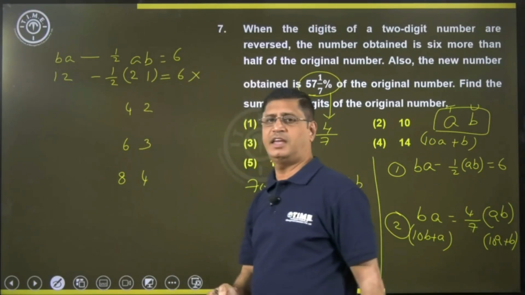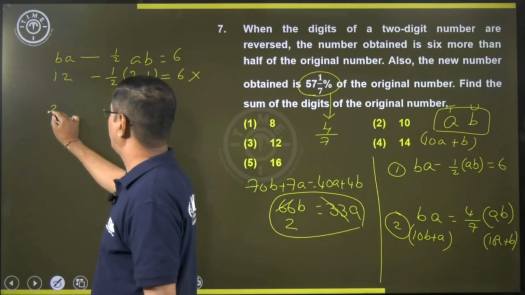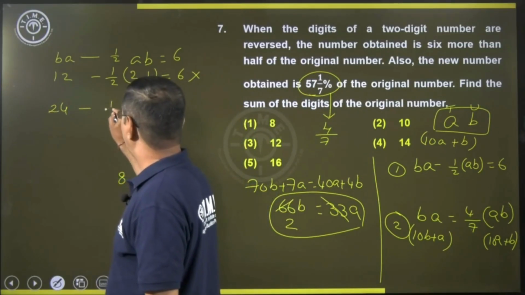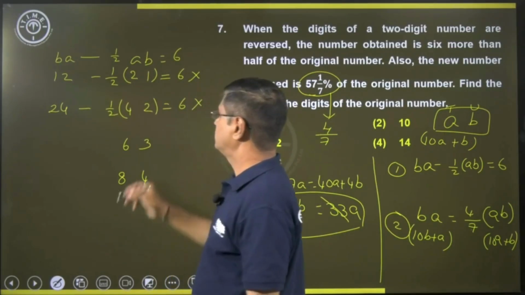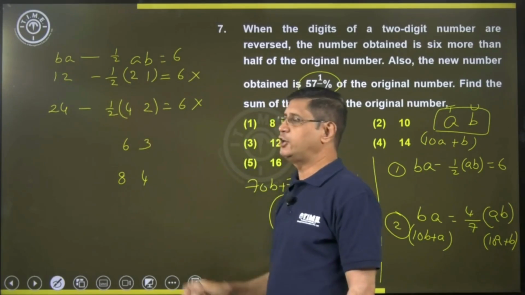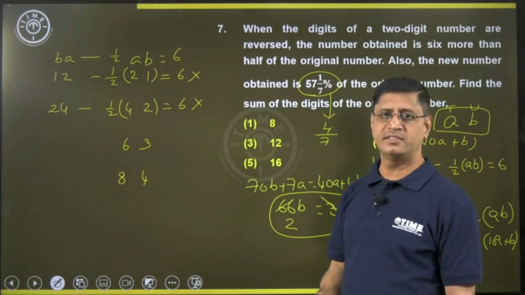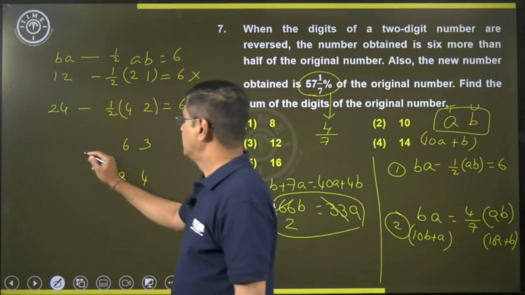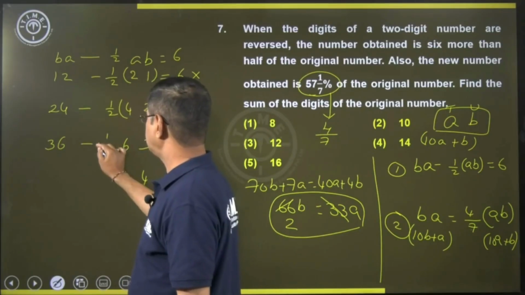No, incorrect. Similarly, reverse of 42 is 24. Half of 42 is 21. The difference of 24 and 21 is 3. Incorrect. Similarly, reverse of 63 is 36. Subtract half of the original number. Is it equal to 6?